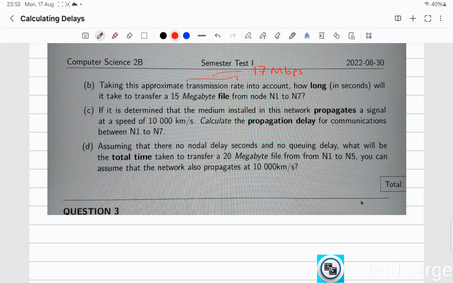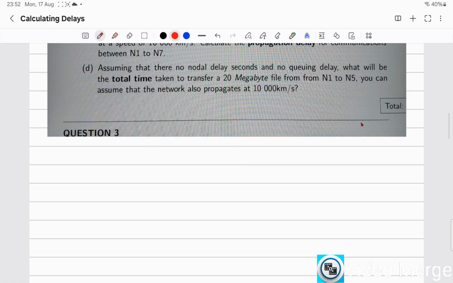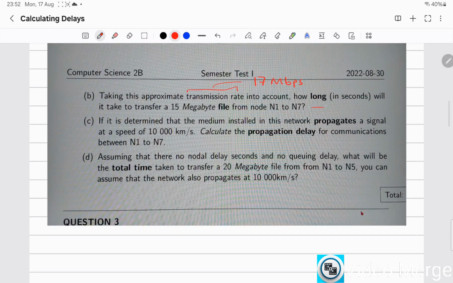So now they're actually asking us for time. The moment they say how long, they're asking for time. Time is referred to as transmission delay. So the question is asking for what we call transmission delay.